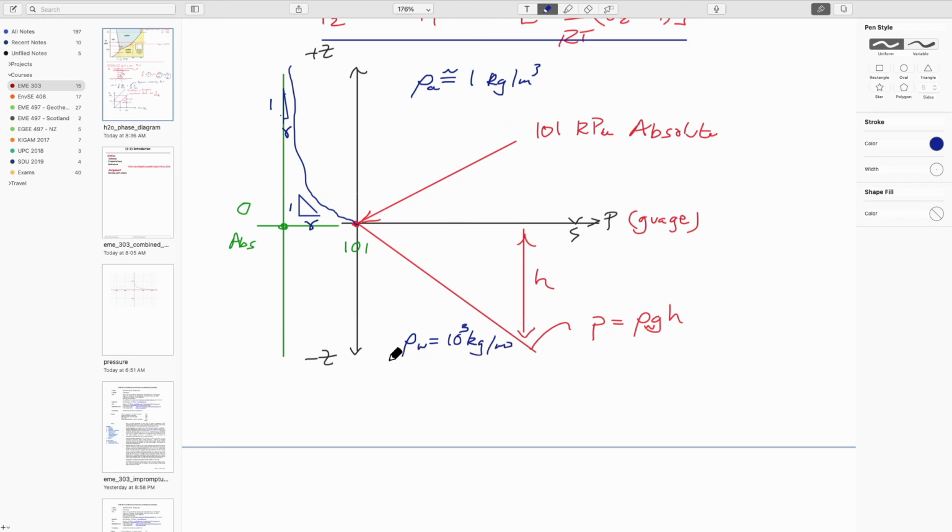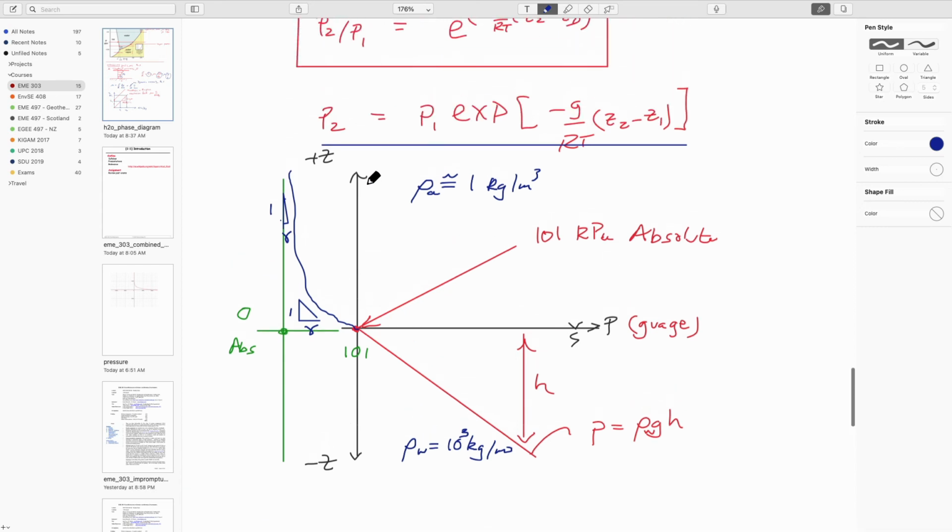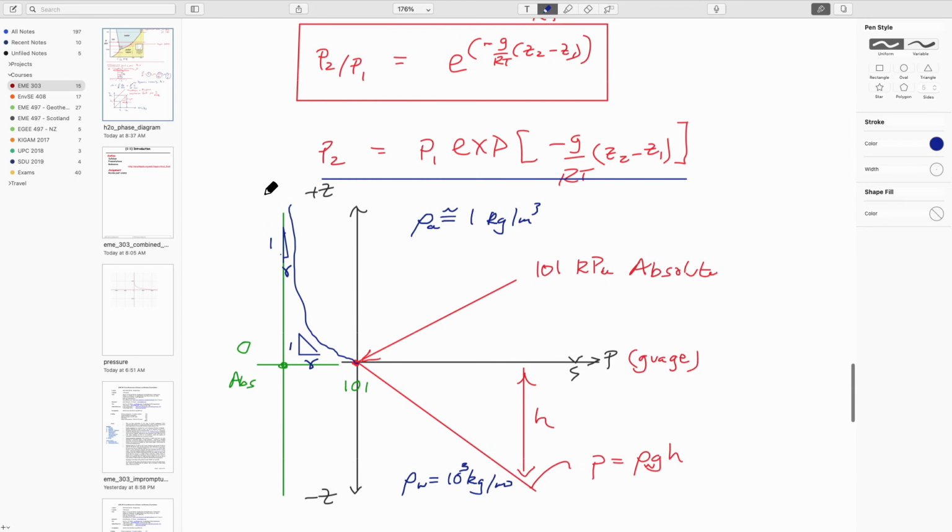So these are a factor of 3 orders of magnitude different, 1,000 times different. So this would be quite shallow. In other words, you go a small depth down and you have a big rise in pressure. This would be much steeper in that you go up and there's a very small change in pressure as you go up here. So if you plotted these curves, it would look just like that.